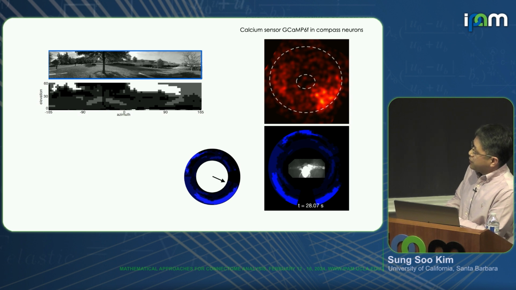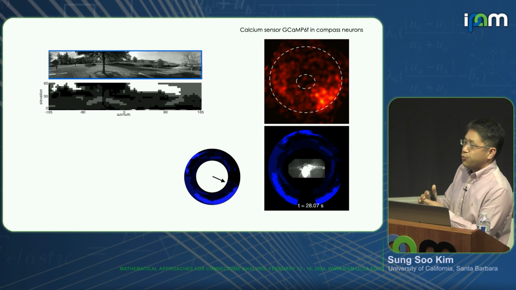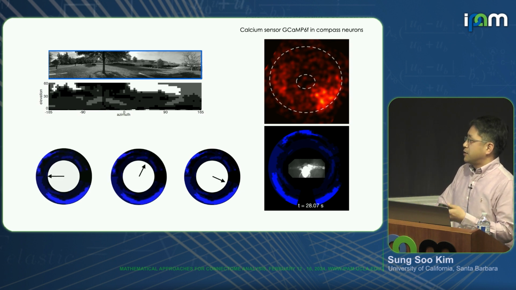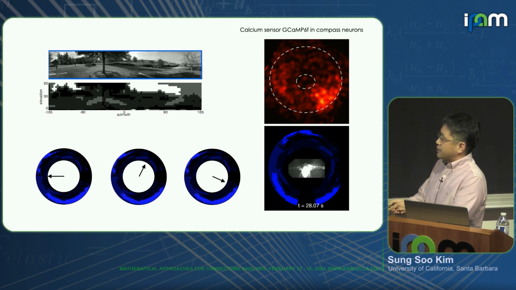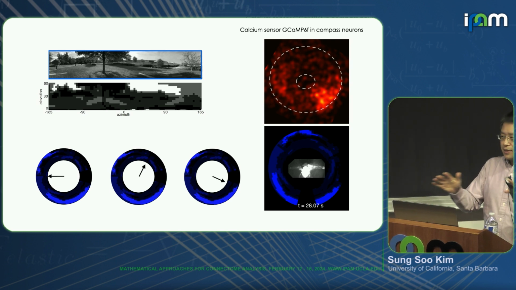For this particular fly, for this particular scene orientation, the bump is around here, as you see here, right? But if you repeat the same experiment in other flies, the bump location will be at 1 o'clock here or 9 o'clock, right? So it varies across flies, but within the fly, it is consistent.